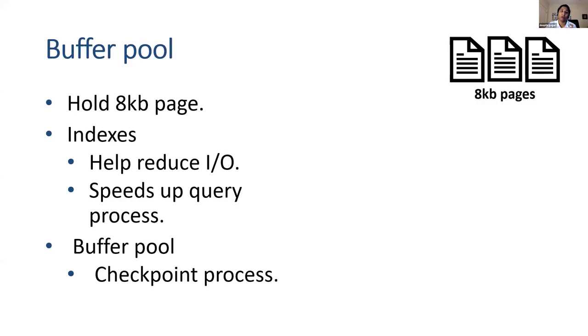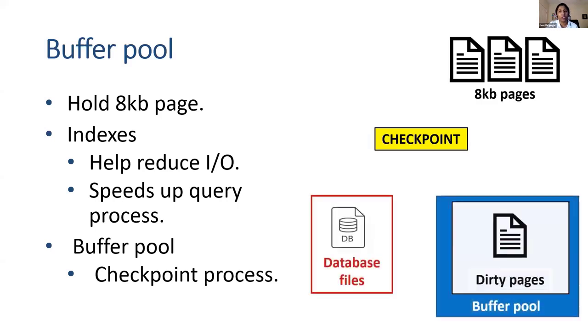So how does this buffer pool get managed regularly? There is something known as the checkpoint process, which will be kicked in by SQL Server automatically every few minutes, and it will go ahead and check if there are any dirty pages in the buffer pool. Now, what are these dirty pages? Dirty pages are the pages which are already modified in the buffer pool, but they did not yet get written to the disk.